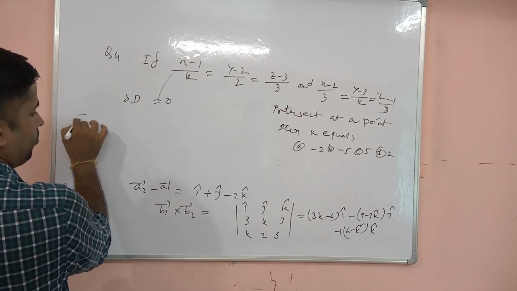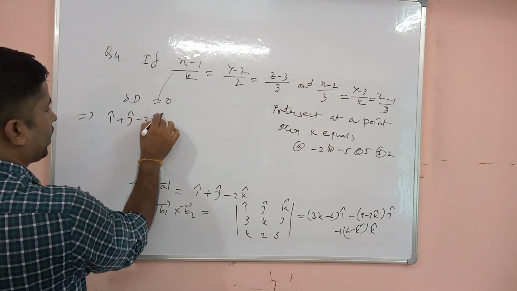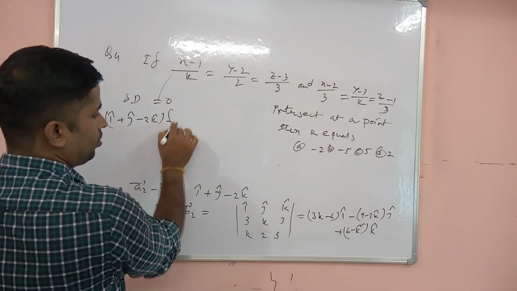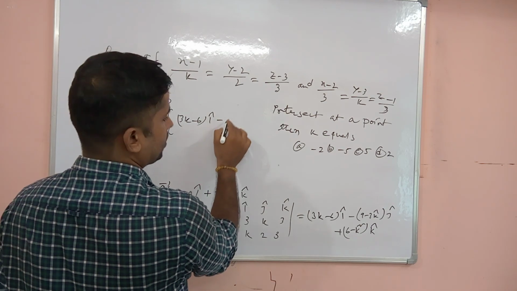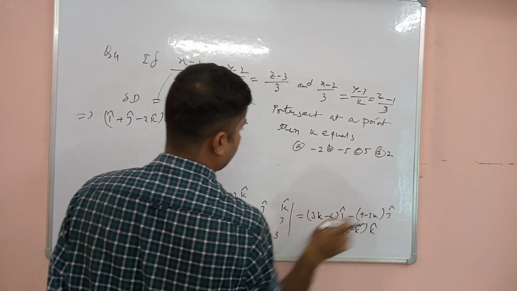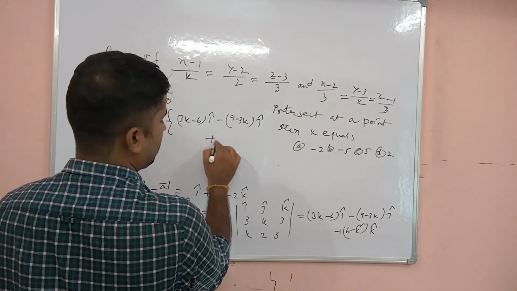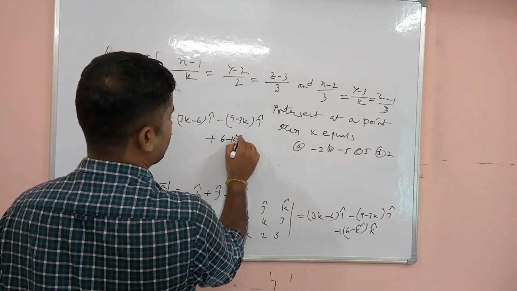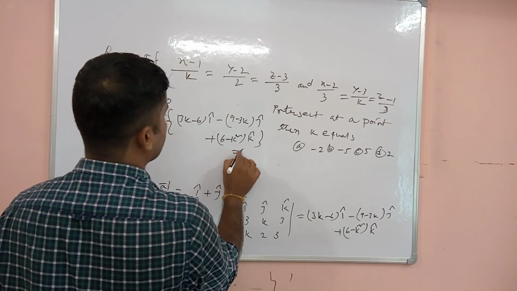So it implies (i plus j minus 2k) dot ((3k minus 6) i cap minus (9 minus 3k) j cap plus (6 minus k square) k cap) is equal to 0.